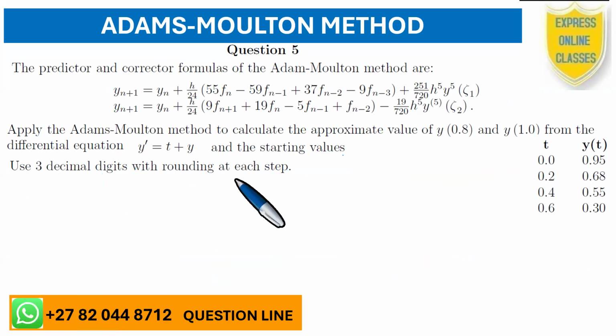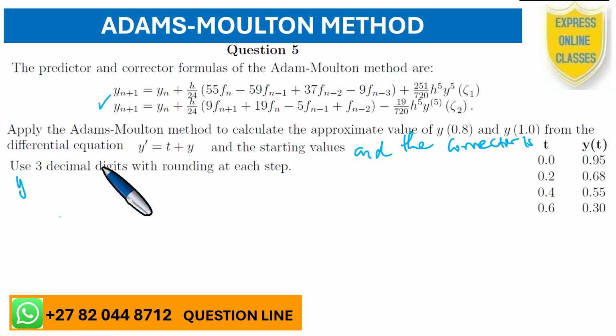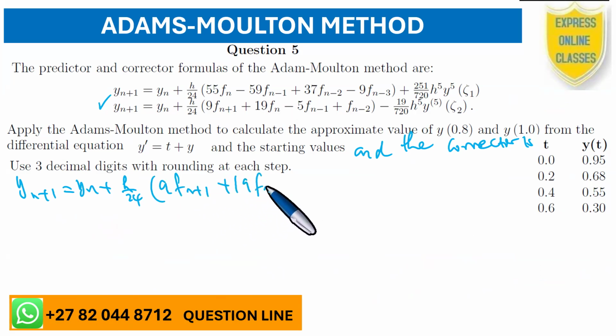The corrector formula for the Adams-Moulton, which you already know, is yn plus 1 equals yn plus h on 24 times 9 fn plus 1, plus 19 fn, minus 5 fn minus 1, plus fn minus 2.